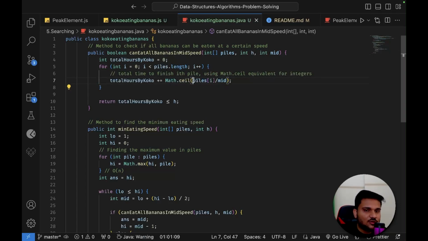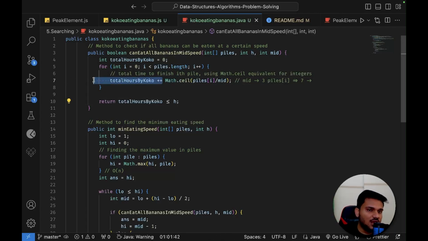It calculates the ceil value of piles[i] by mid, because let's say you have the banana eating speed as 3 per hour and piles[i] is equal to 7, then you actually need 3 hours. If you directly do 7 by 3, it will give you 2, but you need 3 hours: 1 hour for the first 3 bananas, 1 hour for the second 3 bananas, and 1 more hour for the last banana. That's why we are calculating the ceil value.